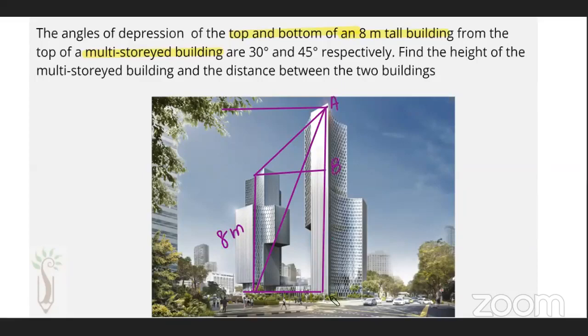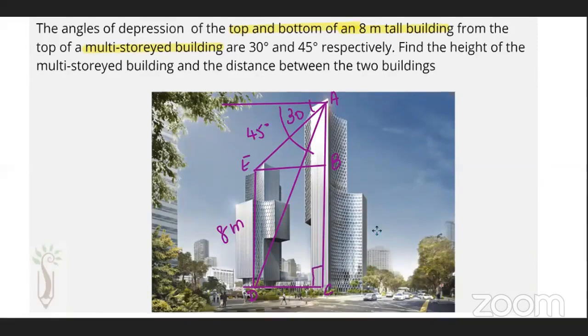Top 30 degrees and bottom 45. Good, right. Can all of you see this figure? I don't think so. The picture is really blurred, so I'll put it again. This diagram is a little bit different from what we have done till now. So let's draw it together and then I'll explain the two smaller shapes.